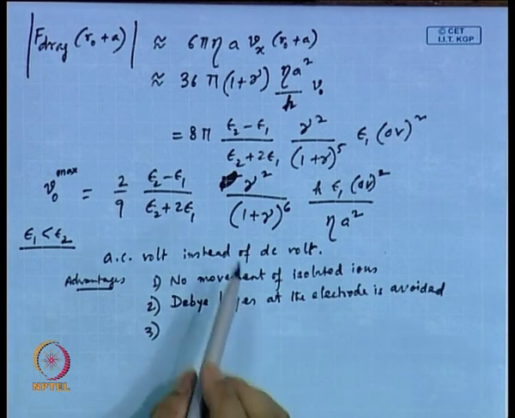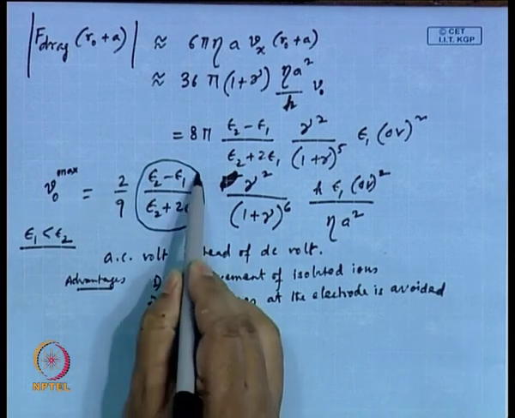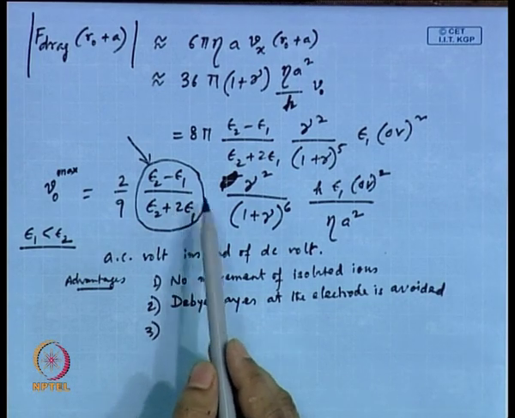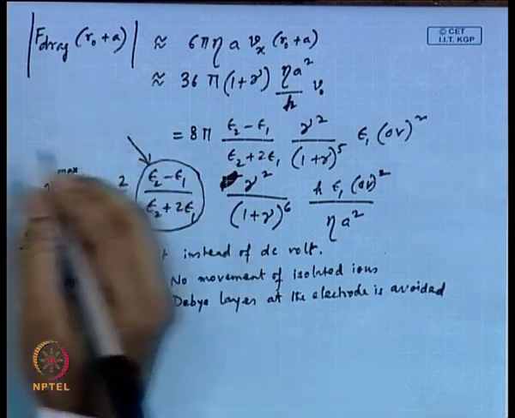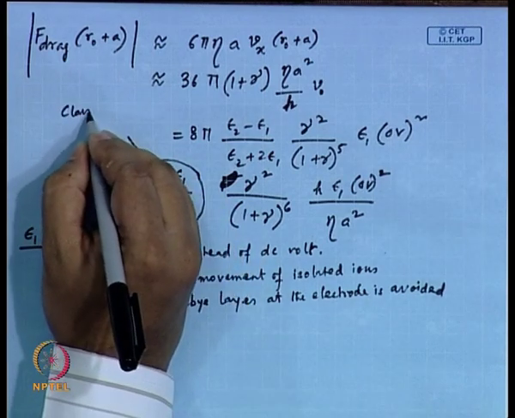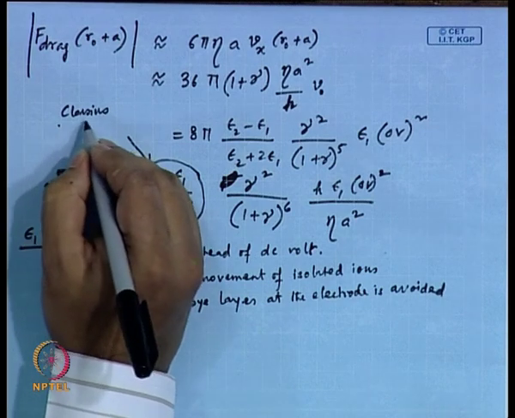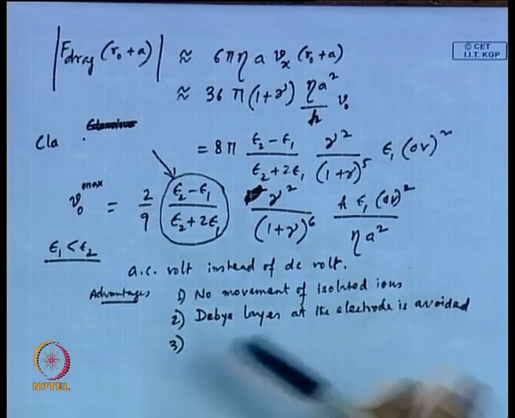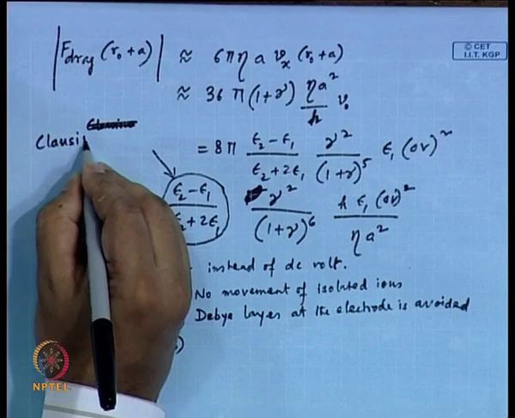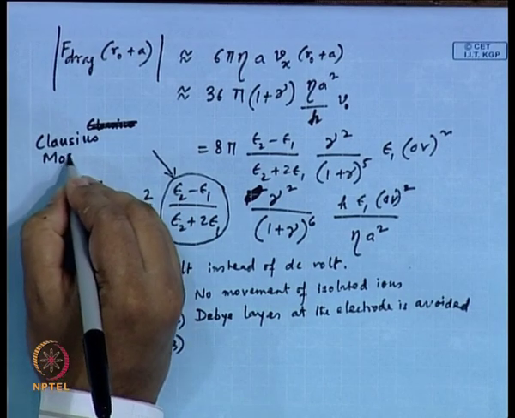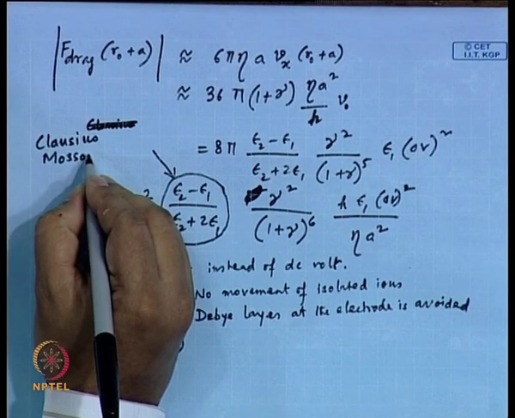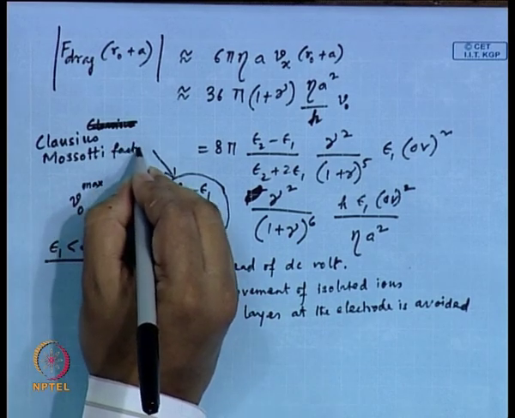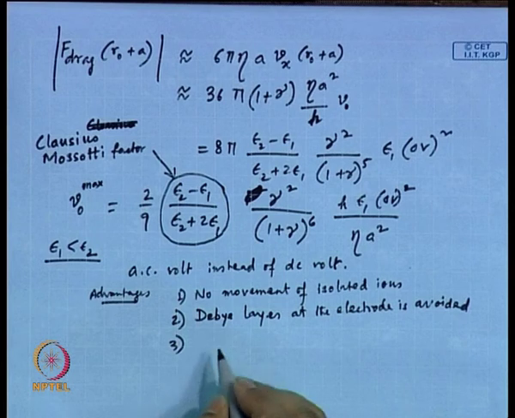Now, this factor has a name. This you might have seen already, this factor we are carrying all the time, right from the beginning, and the name is the Clausius Mossotti factor.